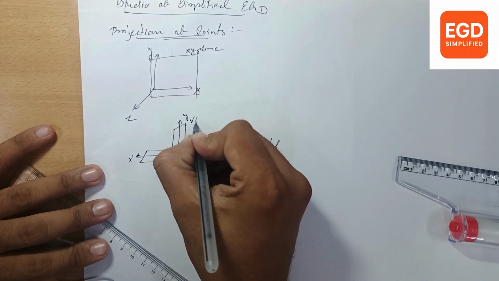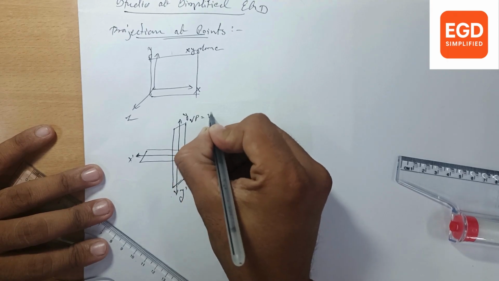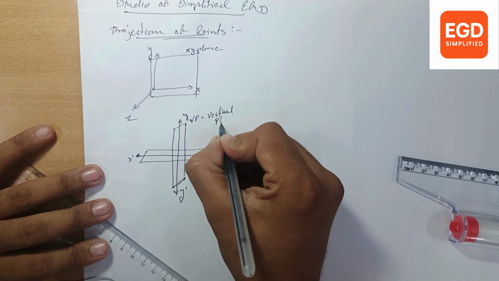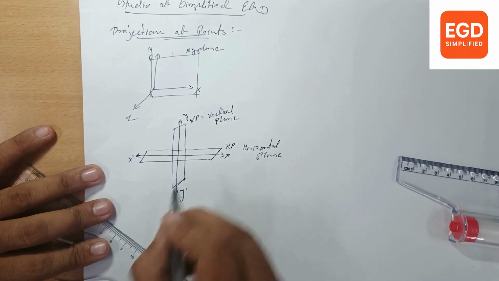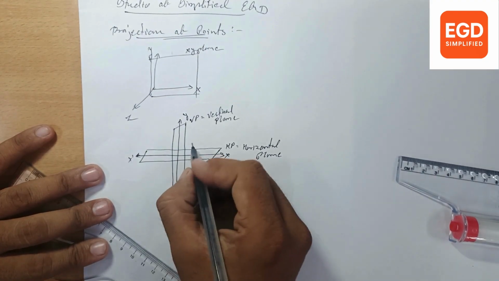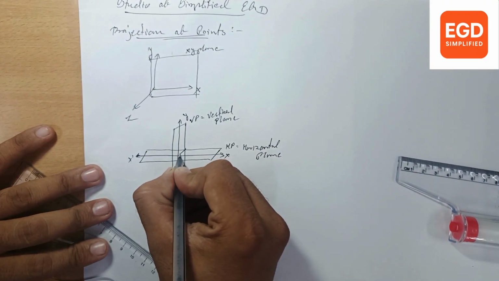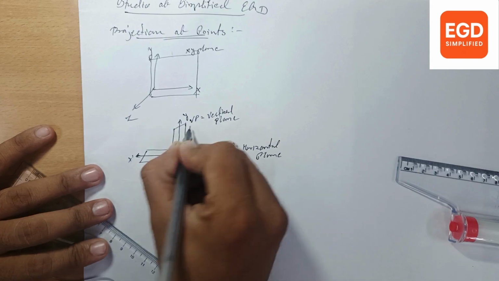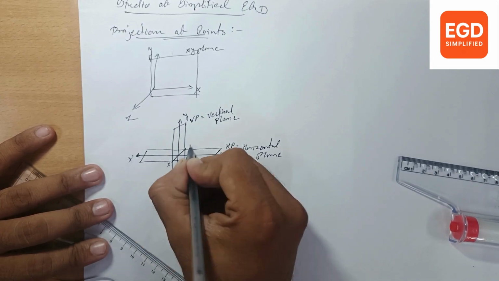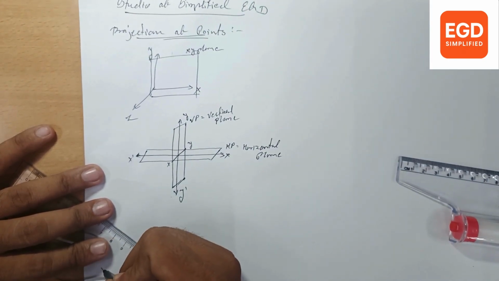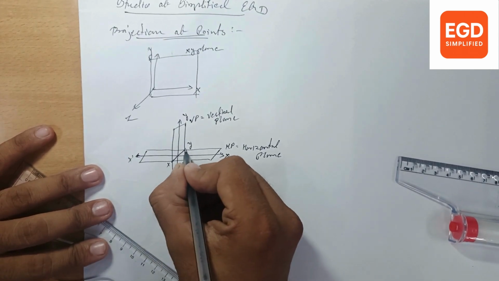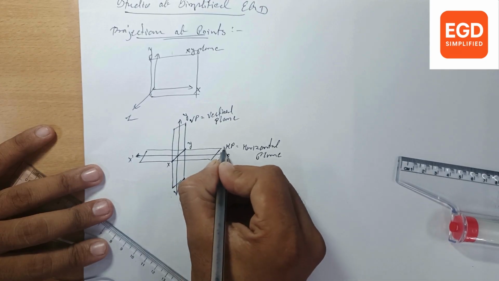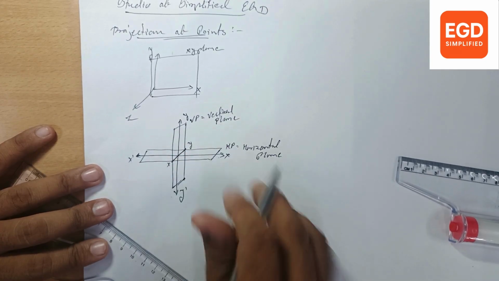It is vertical, so we will call it the vertical plane. Both planes are perpendicular to each other and intersect in a line. The intersection of HP and VP is a line, and that line is called the XY line. So this XY line is on both planes, on HP as well as on VP.